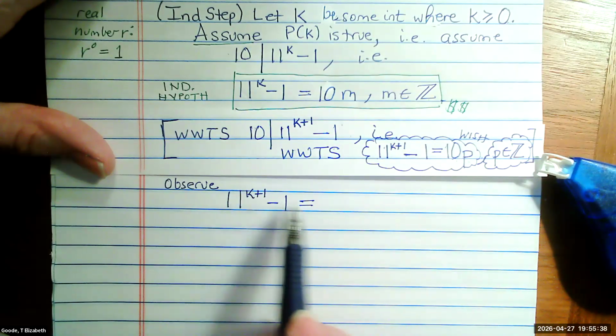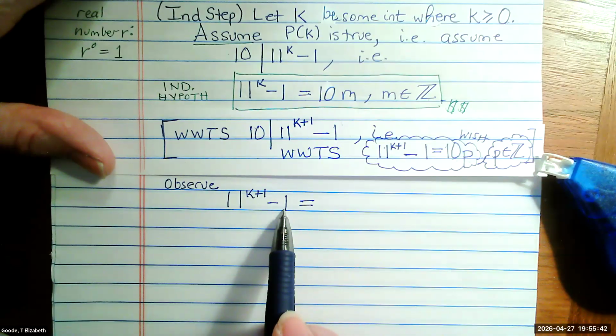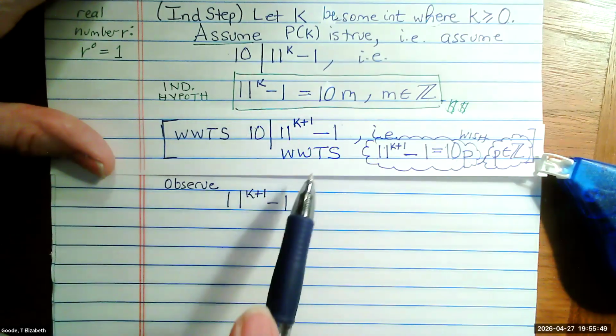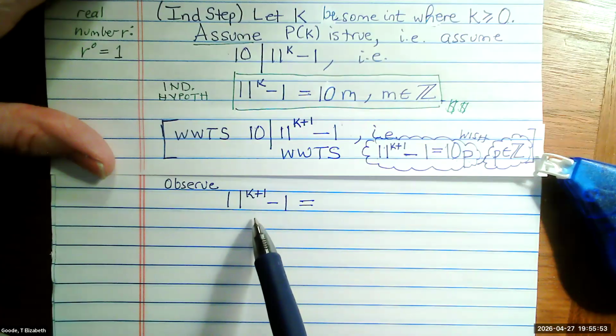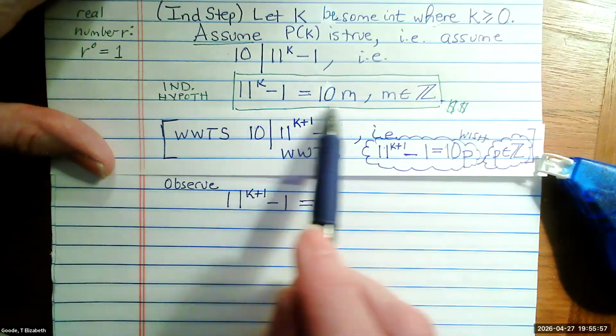All right. So what is the first step in breaking this 11 to the k plus 1 minus 1 down? Well, it's not obvious, because the way to get a clue as to what kind of work you need to do is to look at the proof money.